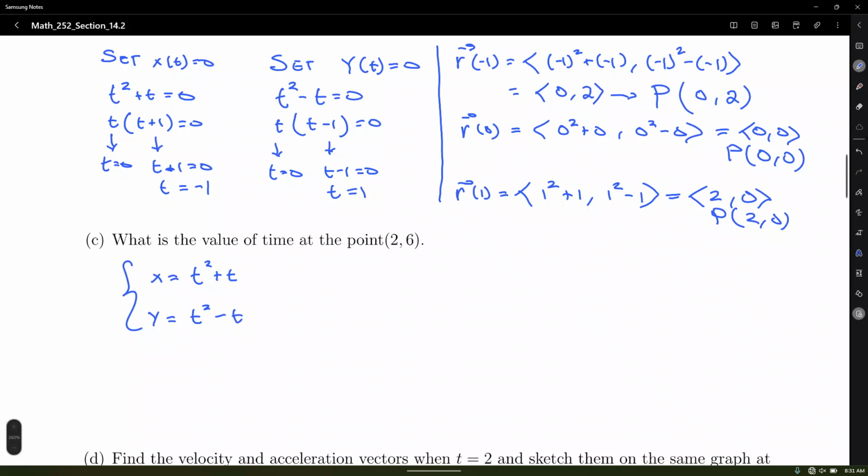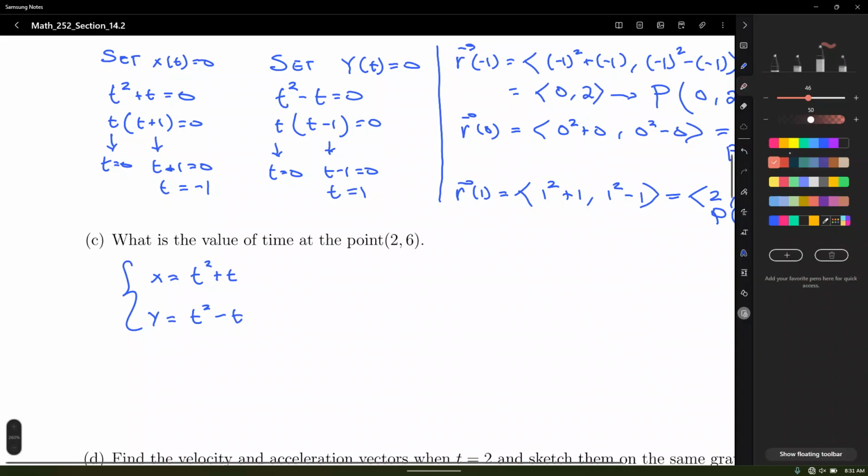So here we will set the x equation equal to the x coordinate, and the y equation equal to the y coordinate. That's how we're going to get the time at which a particle is at the point (2, 6).